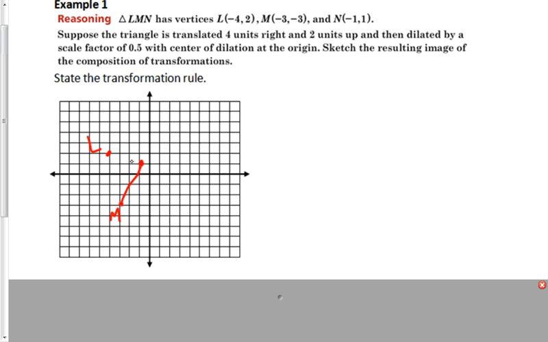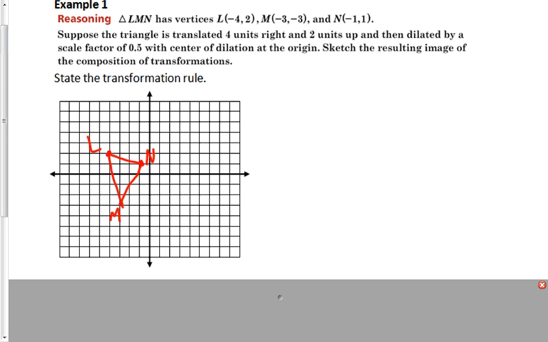There's our triangle. That would be N. Suppose the triangle is translated 4 units to the right and 2 units up, and then dilated by a scale factor of 0.5, with the center of dilation as the origin. Sketch the resulting image and state the rule of the composition of transformations.